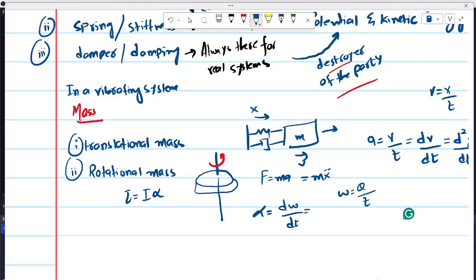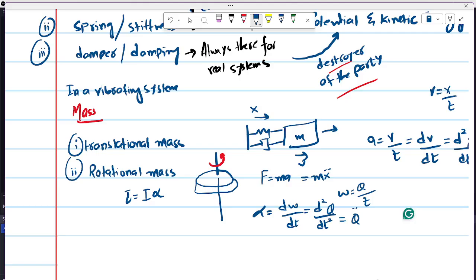So we can write it as d square theta over dt square, or the angular acceleration as theta double dot, in case we are dealing with a system that is rotating at a certain angle. This can be done for the cylinder, the hollow cylinder or tube, or the disc. All of them come under this one.